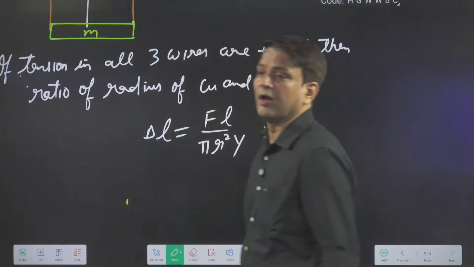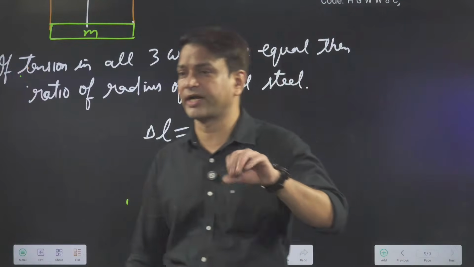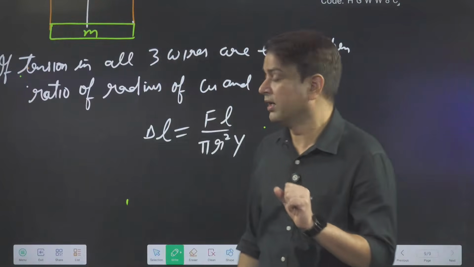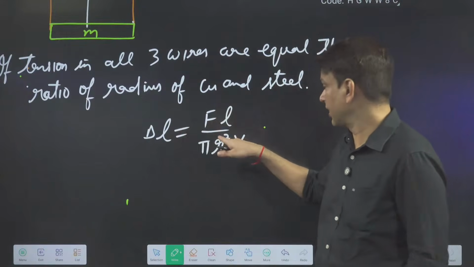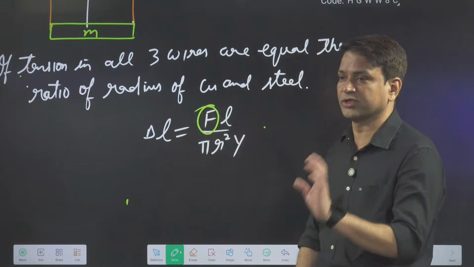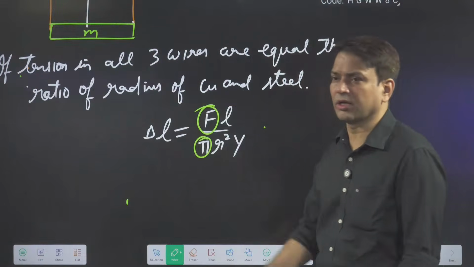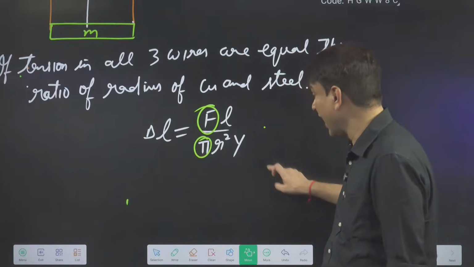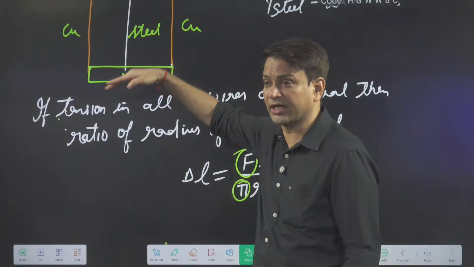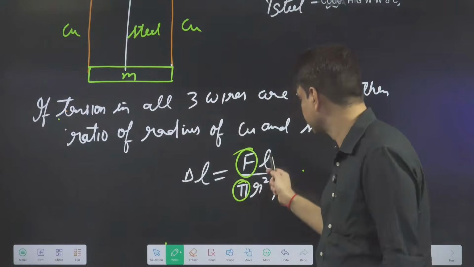Now listen, which quantities are the same in that? They are asking the ratio of the radius. So here, tension is the same in all the 3, so force is the same. Next, pi is constant, no need to think about pi. To hang the block horizontally, the initial length of all the 3 is the same, so L is also the same.